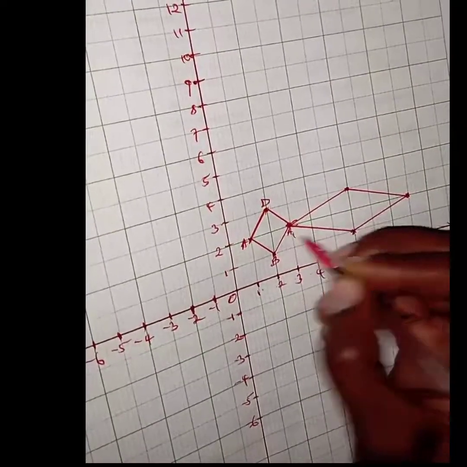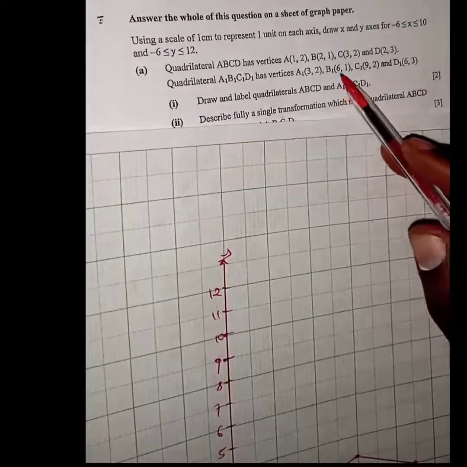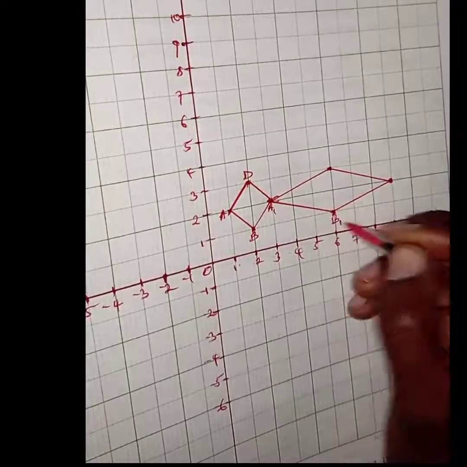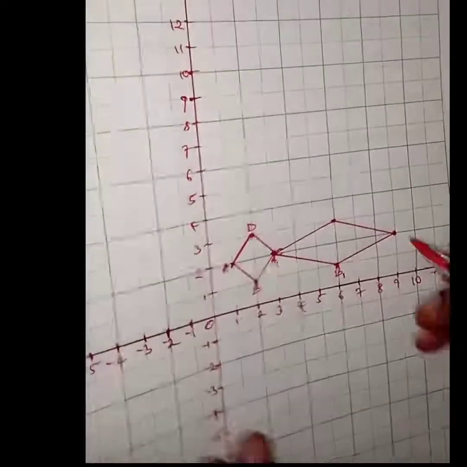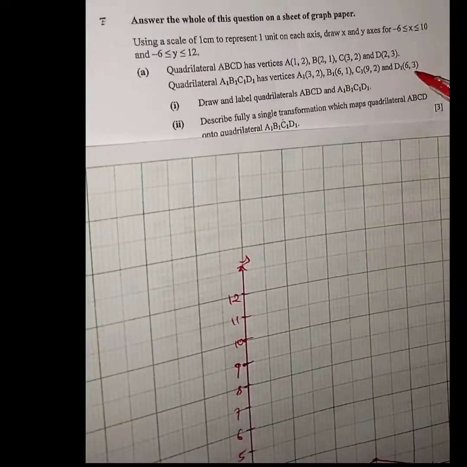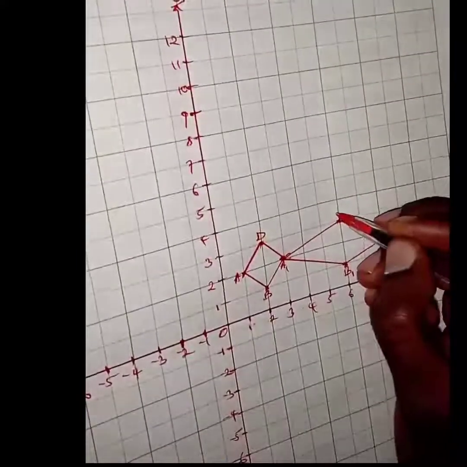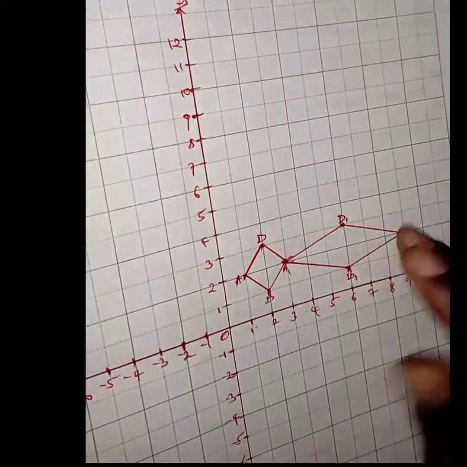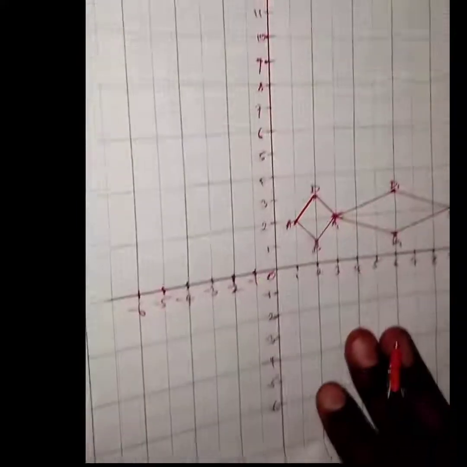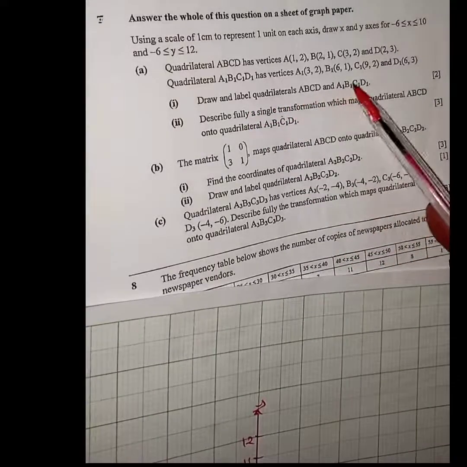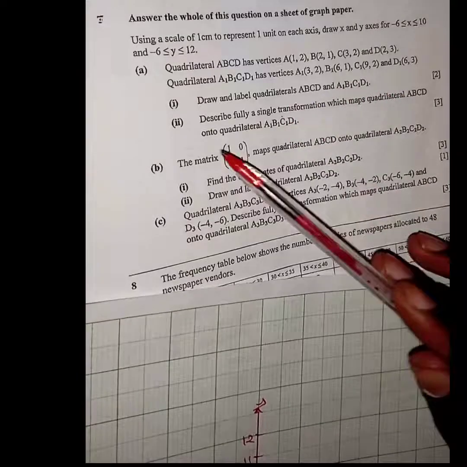Here it was A1. (6, 1) was B1. B1 was here. Then (9, 2) C1 was here. Then (6, 3) was D1. Okay, it is supposed to appear like that. So we'll get our 2 marks for drawing and labelling quadrilaterals ABCD and A1B1C1D1. We have drawn that.